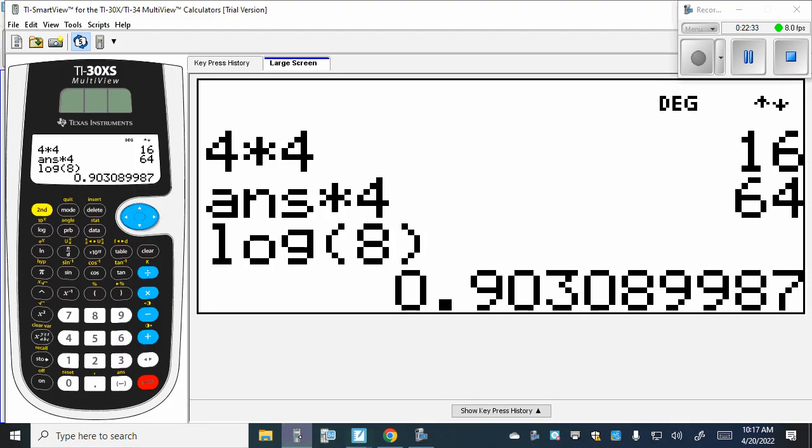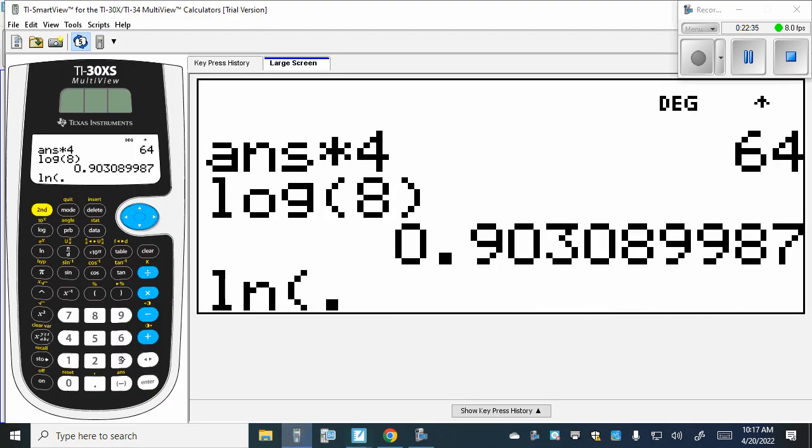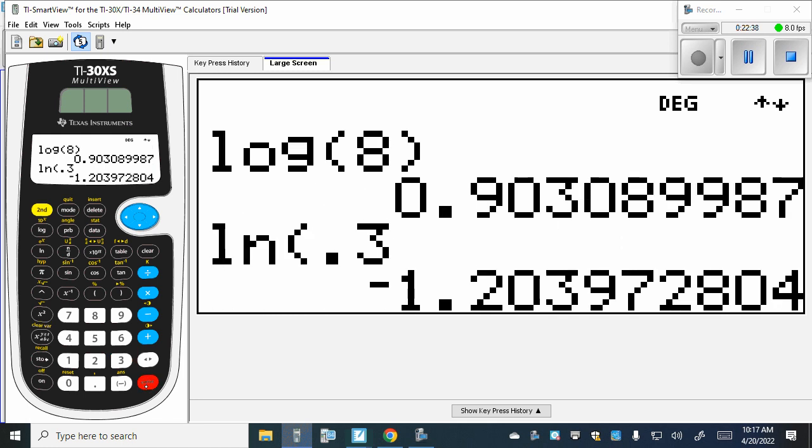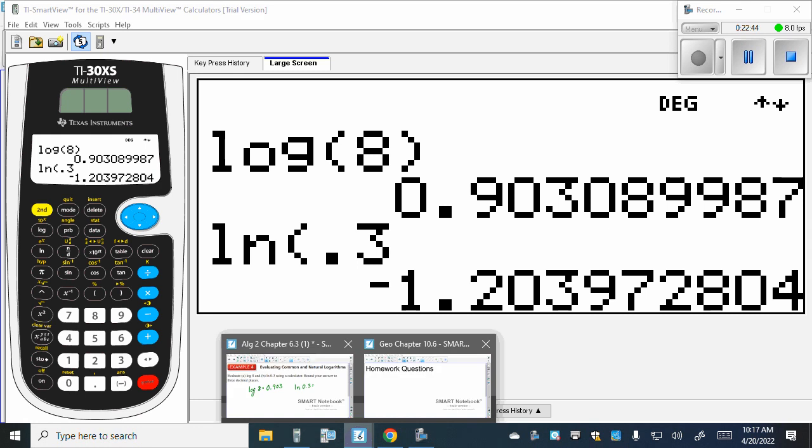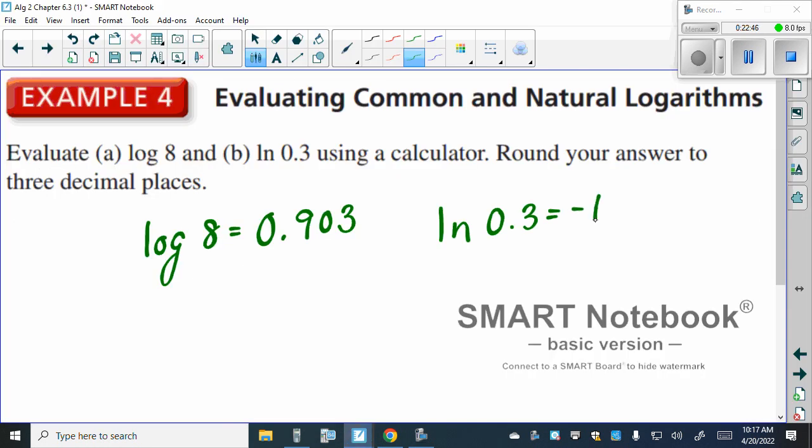So our next one is ln of 0.3, which is negative 1.204. Since we're rounding to 3 decimal places, we would have to round the 3 up to a 4. Hence the next number is 9. Let's pull the graphing calculator up.